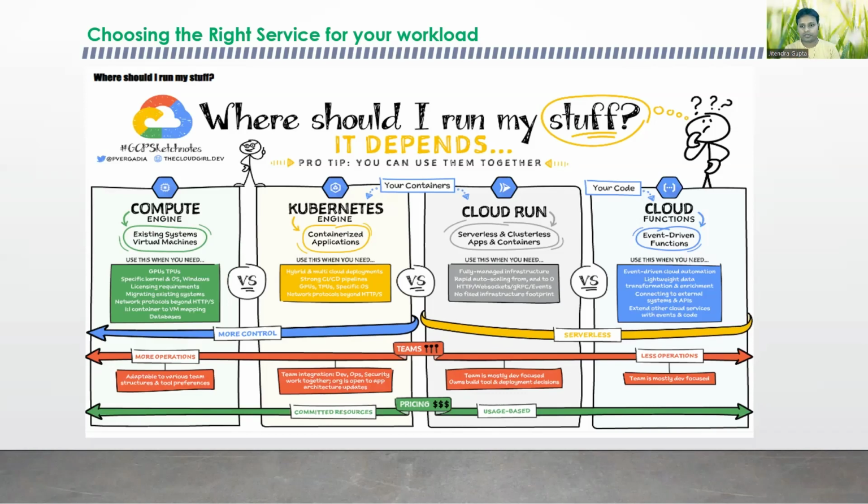Which is based on event-driven functionality. Like there is an event, a new code is available in the repo. I'm going to trigger the cloud function so that it will trigger Cloud Build to create the image and the container out of it, right? So that is how all these services work together. Okay. So that is all about the presentation side of it.